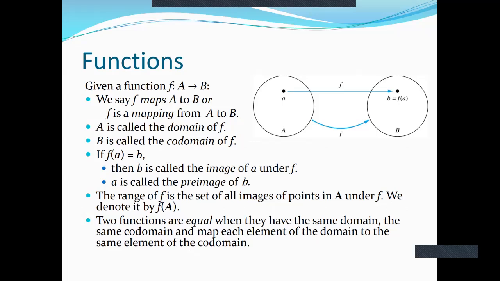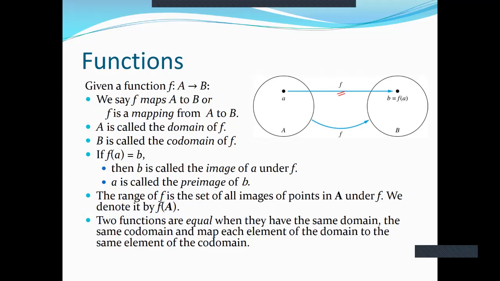But in all those scenarios, given this is a function f, then this set A is called the domain of this function. If this is a function f that maps one element of A to an element of B, then this set A is called the domain of f. All right. And this set B is called the codomain of f.